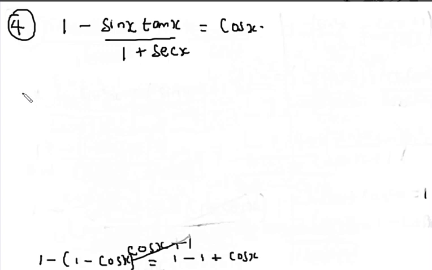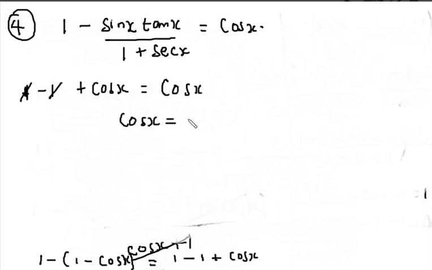So we have 1 minus 1, so they cancel out each other, plus cos x equal to cos x. So at last we have cos x equal to cos x. So we've proven that this trigonometric identity here is equal to this trigonometric identity here.